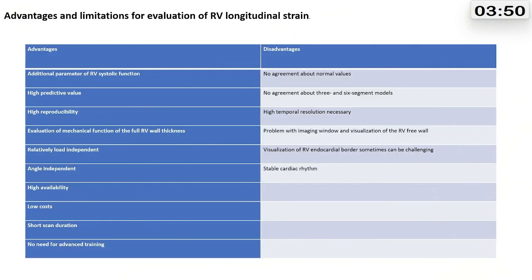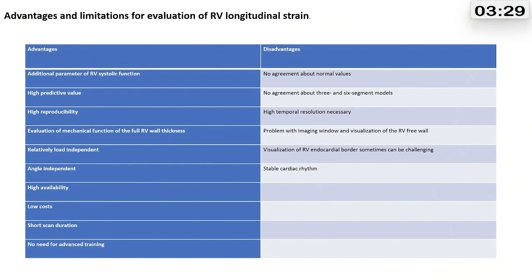Is it problem-free? Is it a golden solution? Well, it has additional parameters. The RV function is predictive and reproducible. It is load independent, angle independent, highly available, low cost, which is very important, has a short scan duration, and you don't really need to train anybody. The computer does it all for you.